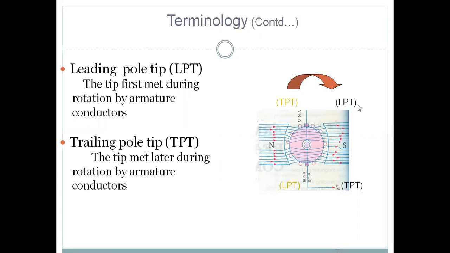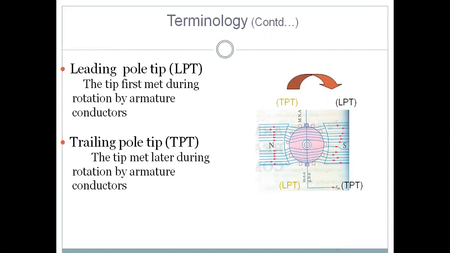This is the leading pole tip. Suppose I change the direction of rotation, turning this into counterclockwise. When it is rotating counterclockwise, this conductor first crosses the neutral point. After that, it will touch this pole tip.